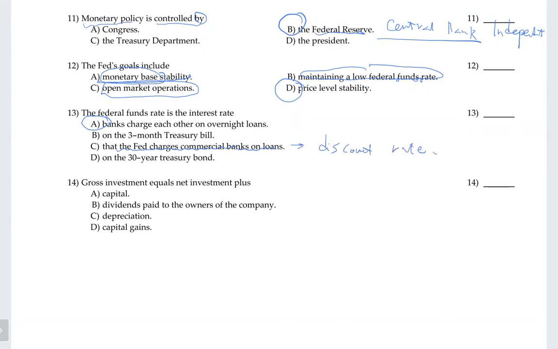Okay. 14. Gross investment equals net investment plus... the answer is C, depreciation. So what is depreciation? That is the machines or buildings that start to wear out over time.